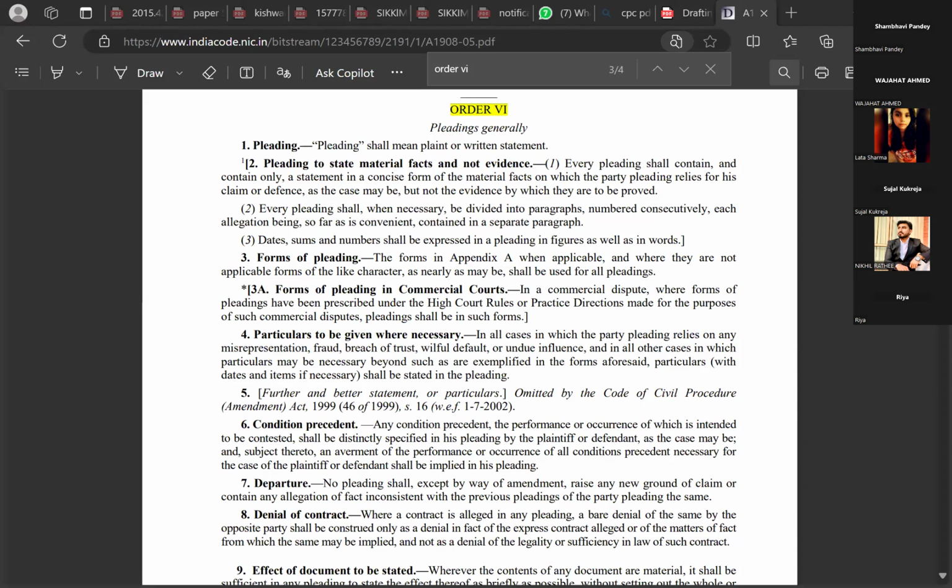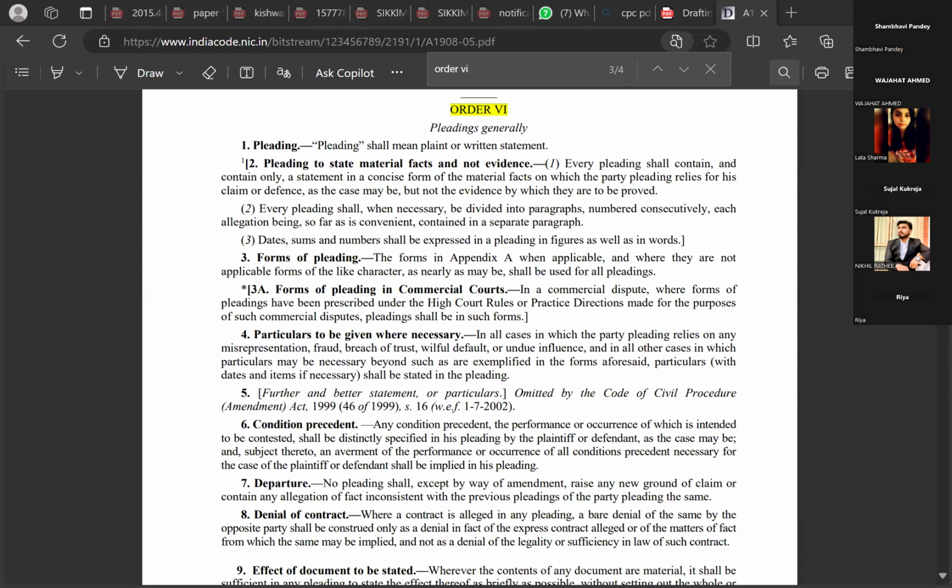So similarly, in case you are owing some money to a particular person, and the person has instituted a suit against you, you cannot conclude directly that you don't owe anything to that person. You can, however, state that you haven't borrowed any money, there was no monetary transaction between the two persons, therefore you are not owing anything to that person.